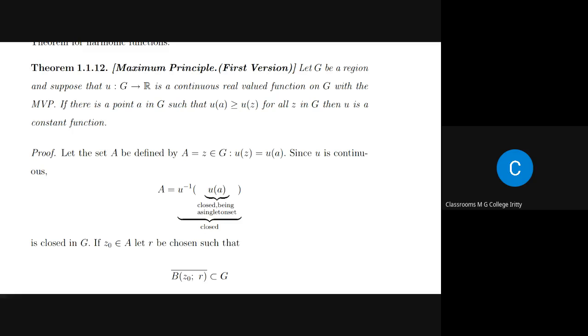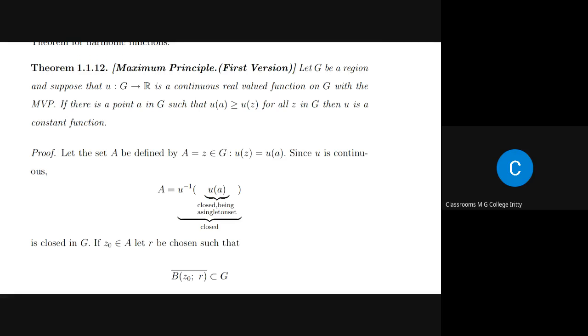So here we have the maximum principle, first version. The statement is: let G be a region and suppose that u from G to R is a continuous real valued function with the mean value property. If there is a point a in G such that u of a is greater than or equal to u of z for all z in G, then u is a constant function.